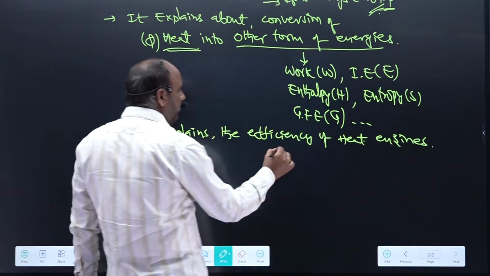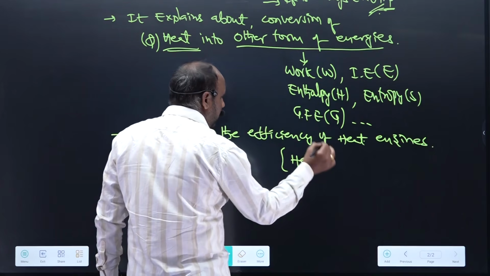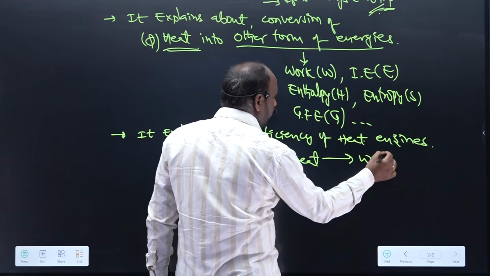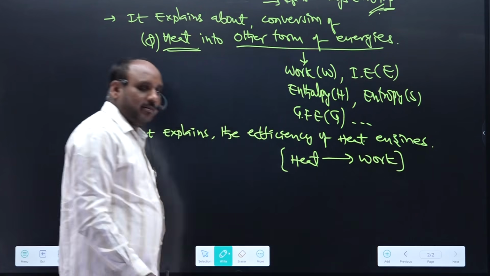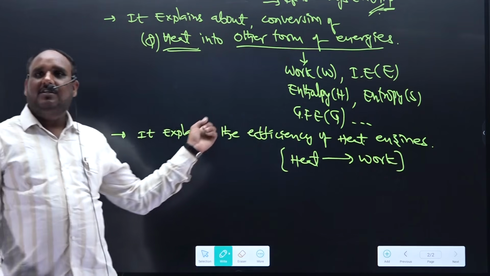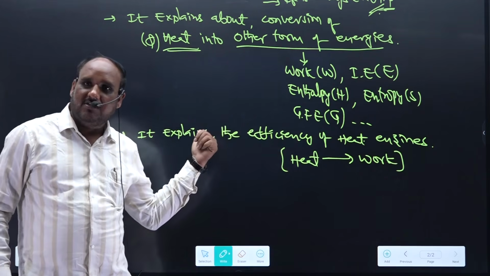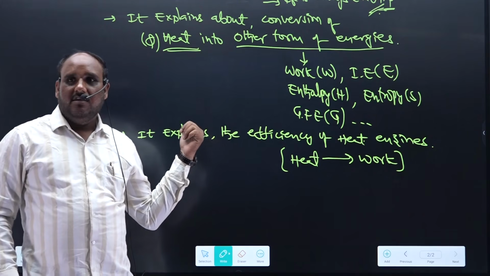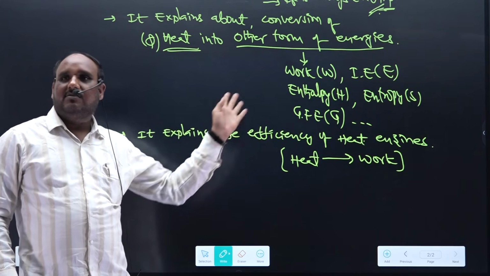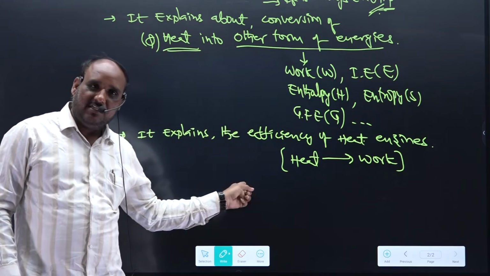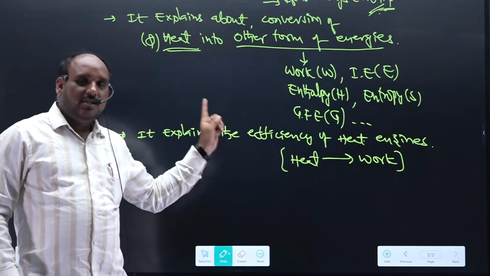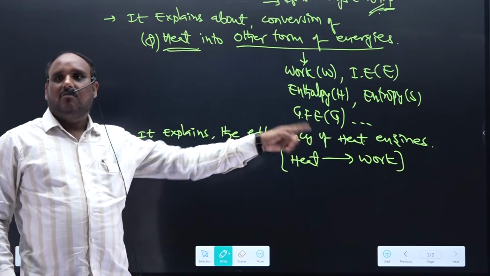Means how much heat energy is converted into work. If 100% of the heat energy is converted into work, its efficiency is 100%, right? If only 90% efficiency, then only 90% of heat is converted into work. If only 20% efficiency, 20% of heat is converted into work.